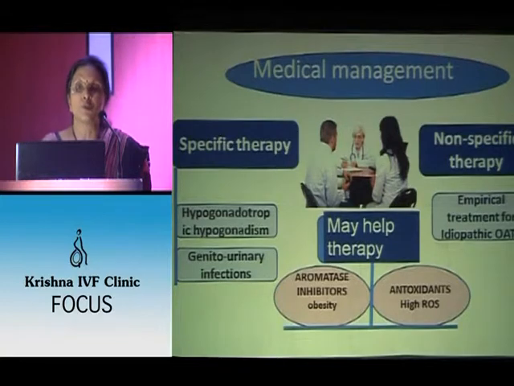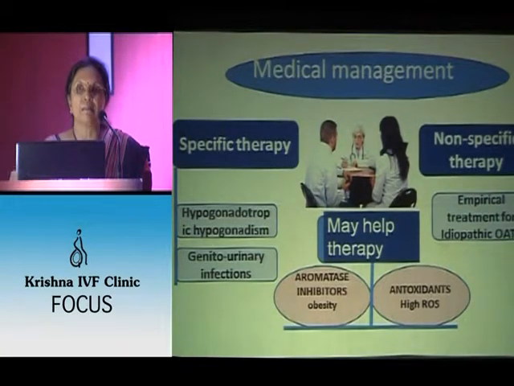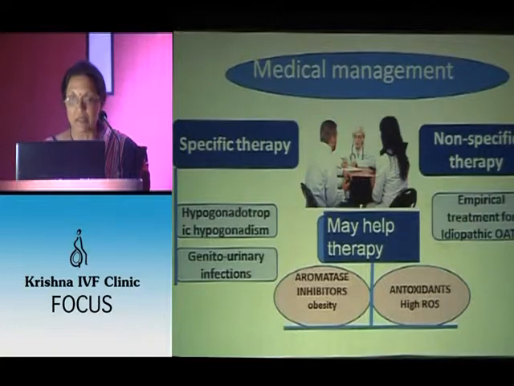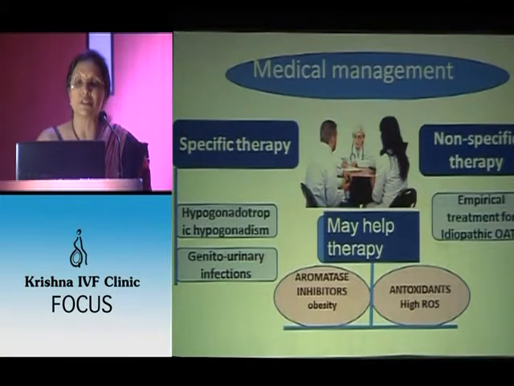And the third group of therapy is may help therapy. Maybe it would help, maybe it wouldn't help. The may help therapy is by aromatase inhibitors to obese men or antioxidants where we find high ROS, reactive oxygen species. The specific therapy is for only 2 conditions in the male.